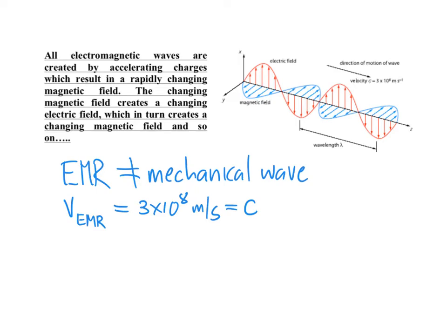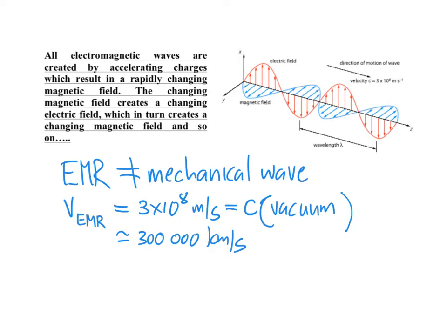Now, the speed of light is a constant in a particular medium. So in vacuum, the speed of light is 3 times 10 to the 8 meters per second, which is 300,000 kilometers per second.